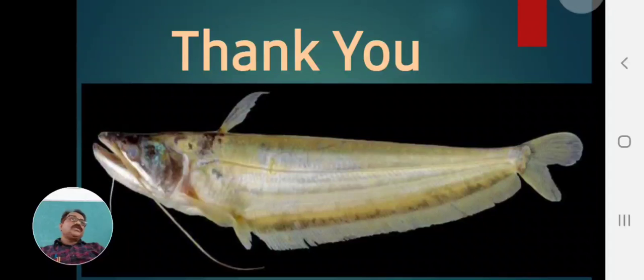Mucus covers the skin and protects from enemies, helps cut through the water, and helps in escaping enemies. Mucus is secreted over the whole body and protects from parasites, bacteria, fungi and viruses.